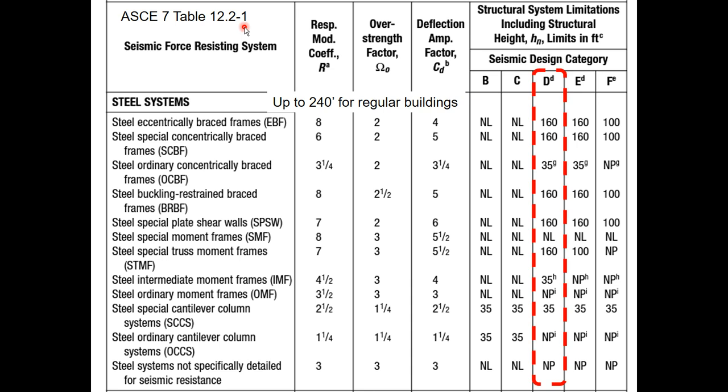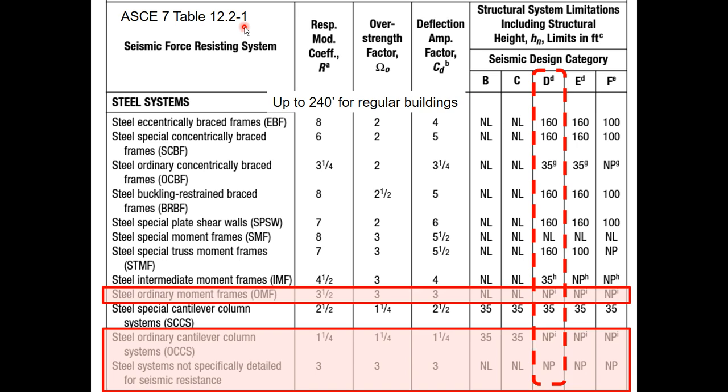So we start with our seismic design category. This is the relevant information. And we see that these 3 systems are just not permitted in our seismic design category. So we won't consider ordinary moment frames or this system, steel systems not specifically detailed for seismic resistance within R3. Those things are not permitted.